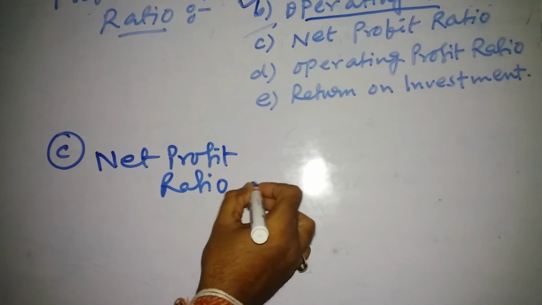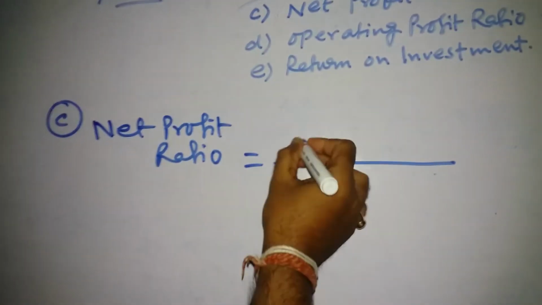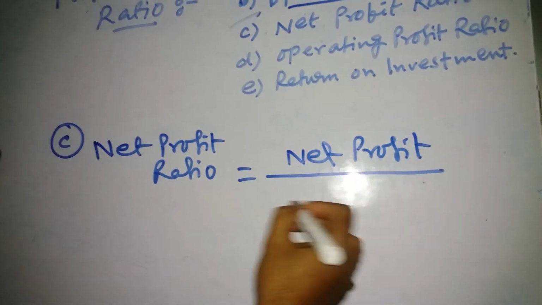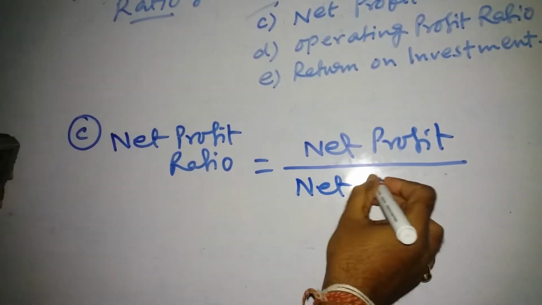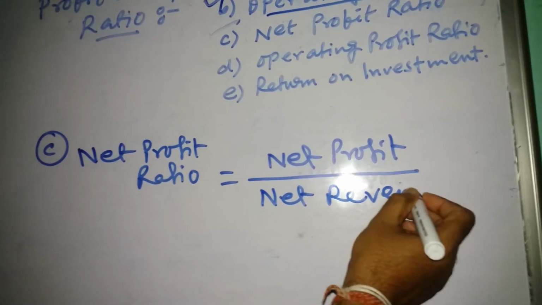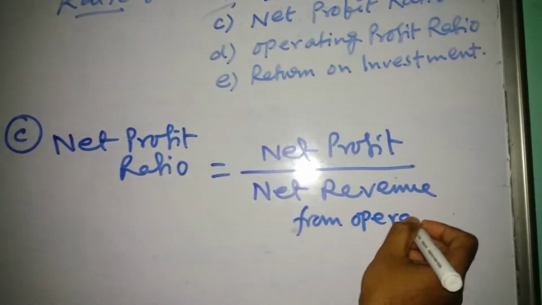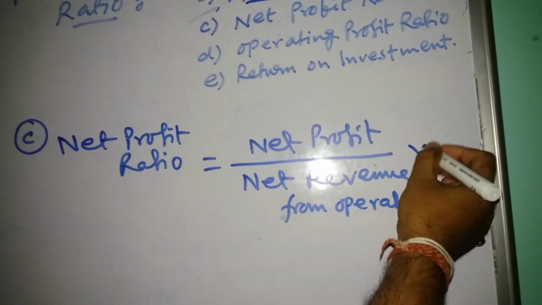Net profit ratio formula is net profit by net revenue from operation into 100.